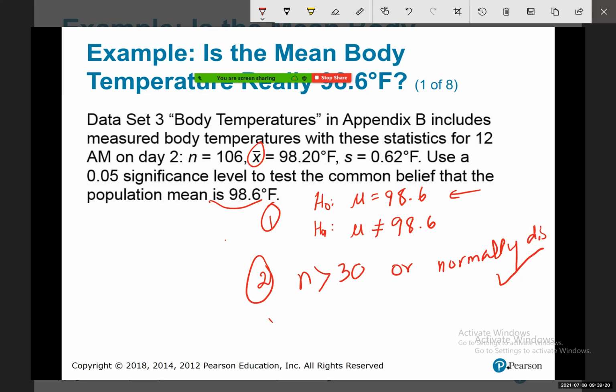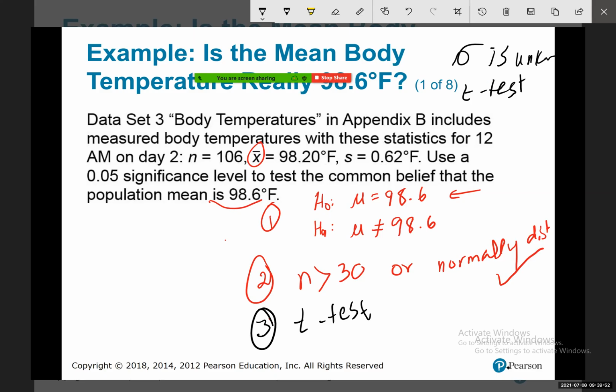So we assume that's met. Let's go to the third step. I want you to use the t-test because sigma is unknown. We may not do many examples with sigma known because it's not commonly used. But again, sigma is unknown, so you use the t-test.